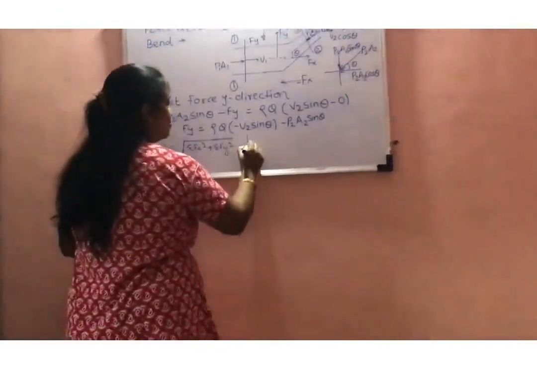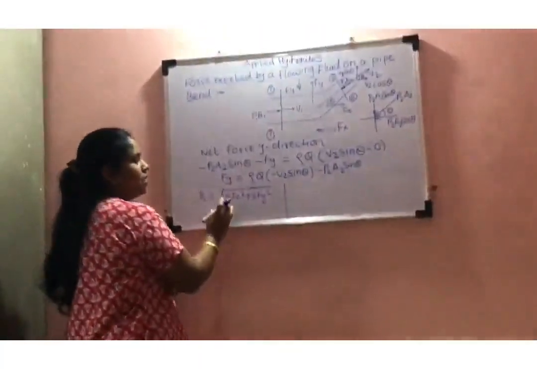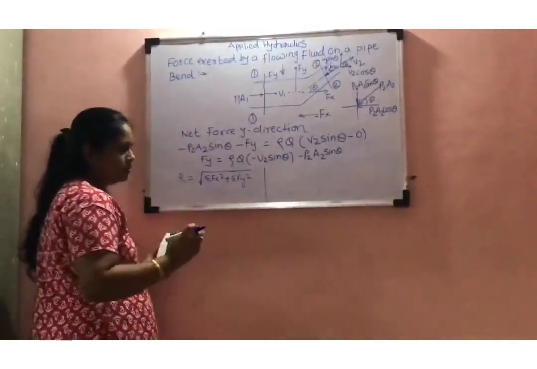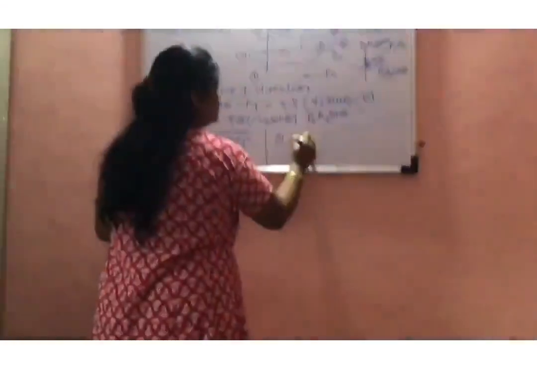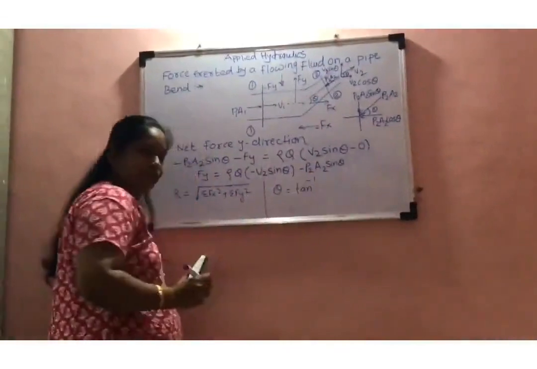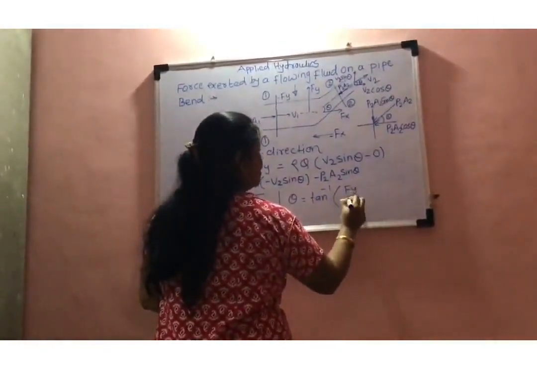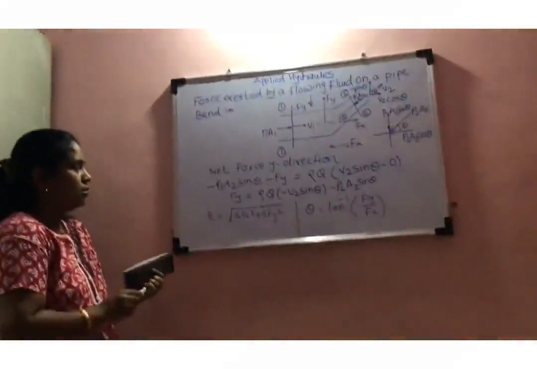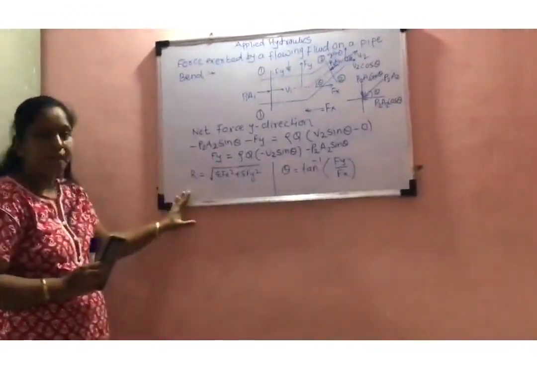And to find the direction, that is, how much angle the resultant force makes with the horizontal, we can find theta by using this formula, tan inverse of Fy upon Fx. So here we got the force exerted by the flowing fluid on the bent pipe.